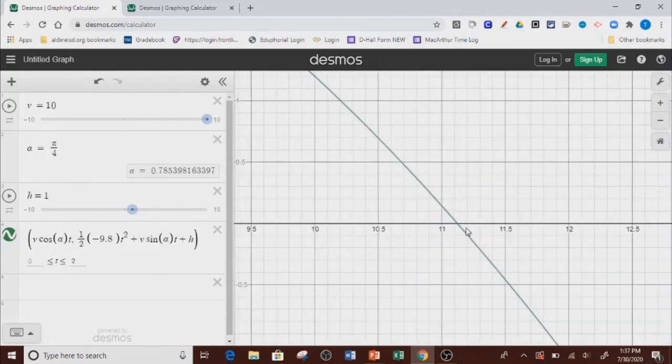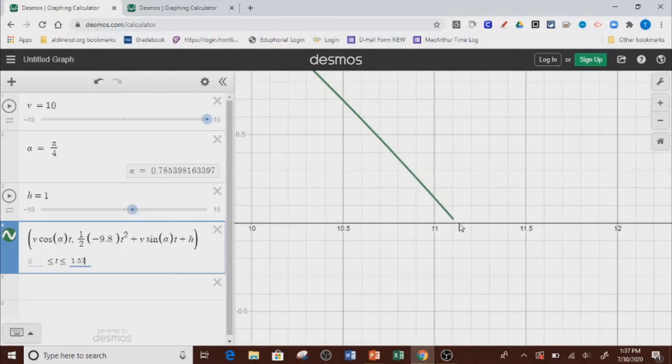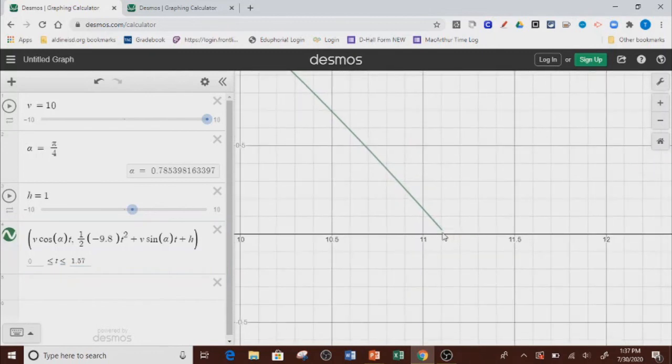At what time did it get there? Let's see if we can get this number really close. So 1.5. At 1.5 seconds, it's almost there. So let's see 1.6, 1.55, 1.58. And it's around 1.57 seconds that the ball has hit the ground.